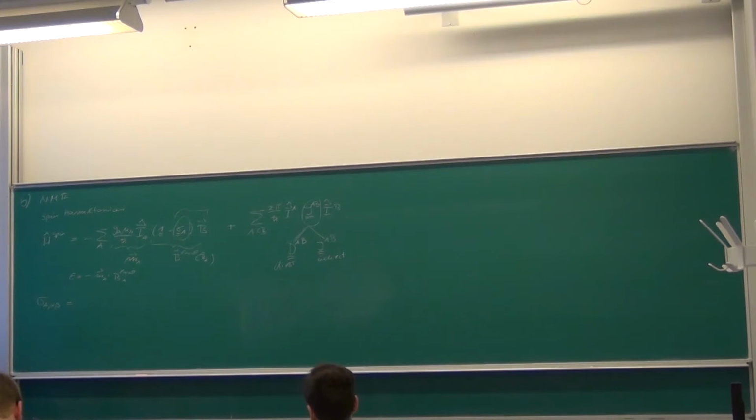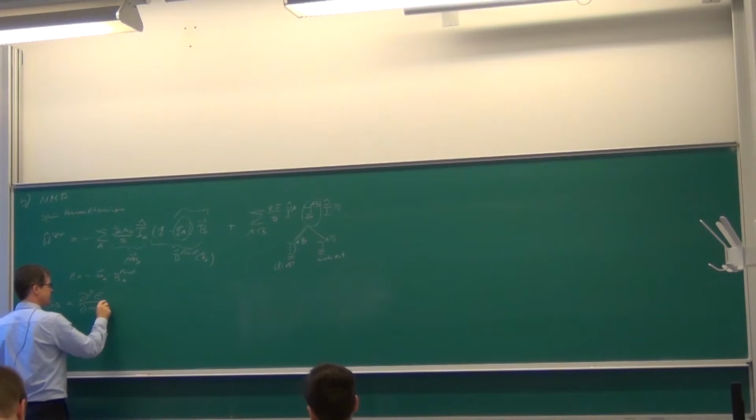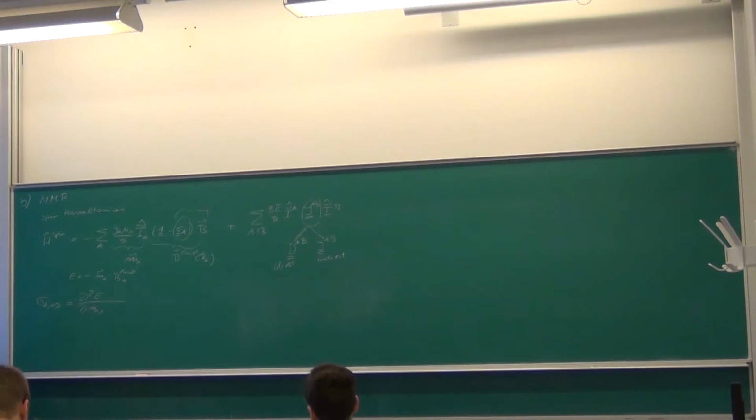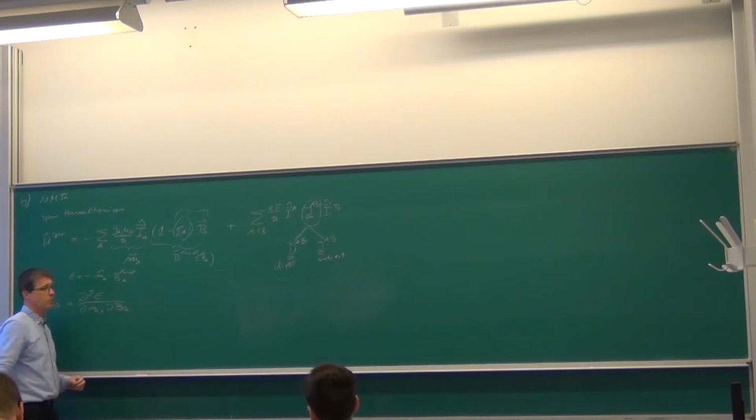We can express that as the second derivative of the energy with respect to, which one first? Never mind. A component of the magnetic dipole moment of the nucleus A, the alpha component, and then corresponding to the beta component of the external field.